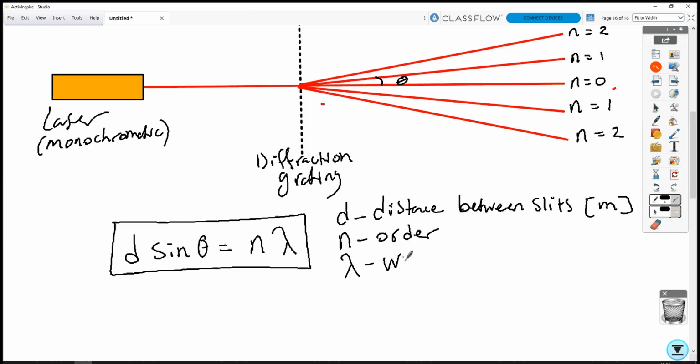Lambda is wavelength in meters, and theta is the angle, which can be in degrees or in radians, whichever you choose to measure it with. Usually it will be in degrees. So you have to make sure that you switch your calculators to degrees when you're working these out.